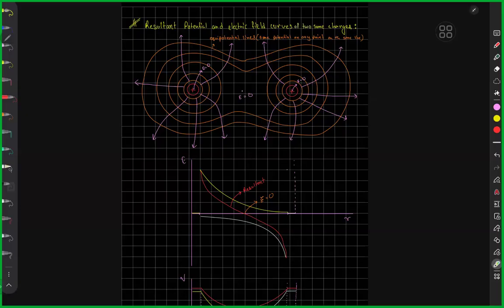In case of like charges, how the electric field strength would look is fairly simple. It's the same idea. If I draw for the region in between this space, what do we have? Inside the sphere, the electric field strength of the positive charge is 0. On the surface, it's maximum and decreases with increasing distance away from the charge.